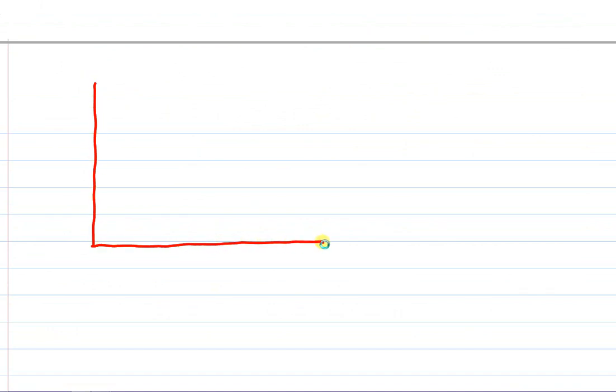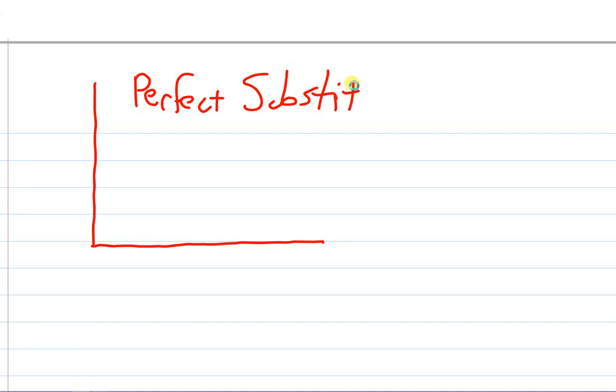Let's look at a production function that involves perfect substitutes. This means that it's very easy to substitute between capital and labor. For example, the simplest case you could think of is suppose we had two kinds of workers, people who are very fast and strong and people who are very slow and weak.